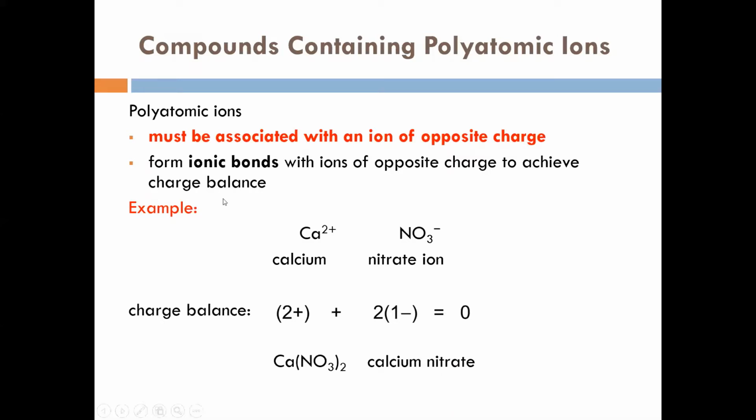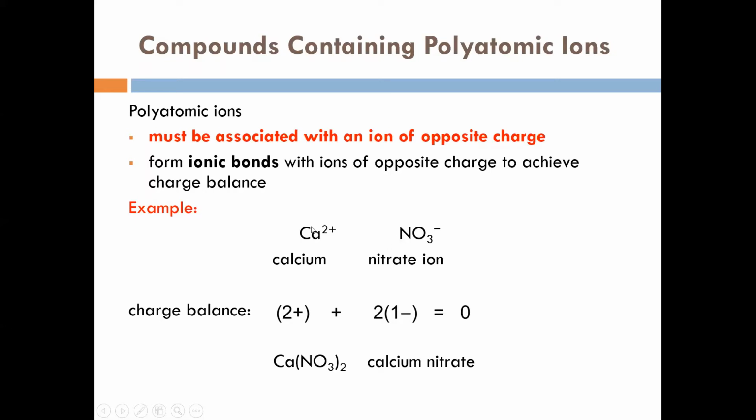In this case, I have calcium with a +2 charge and nitrate with a -1 charge. I'm treating nitrate as a whole, like its own element, so I'm never going to change that 3. I'm only going to look at how many of the whole group I need, which comes above here, like I need 2 of these or 1 of these.